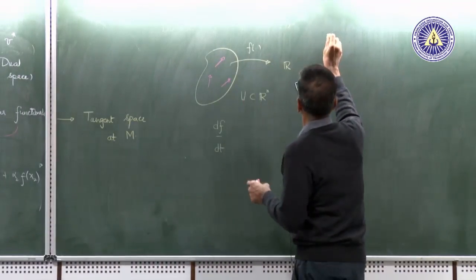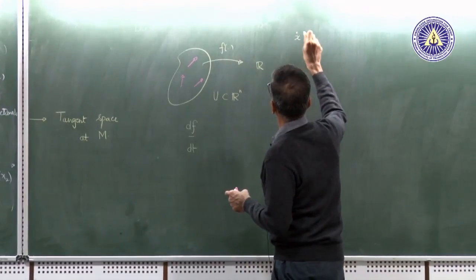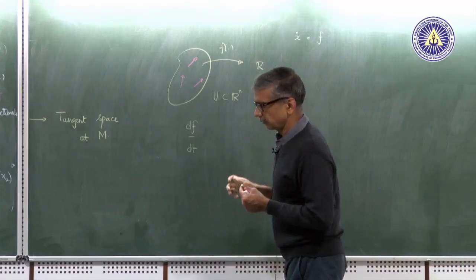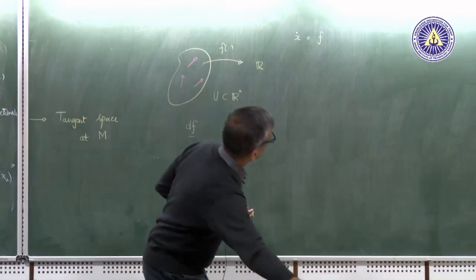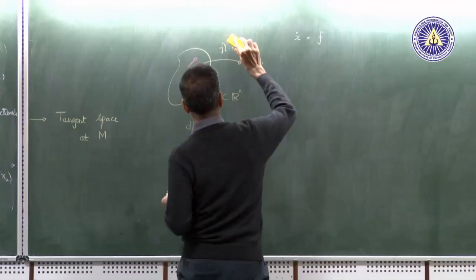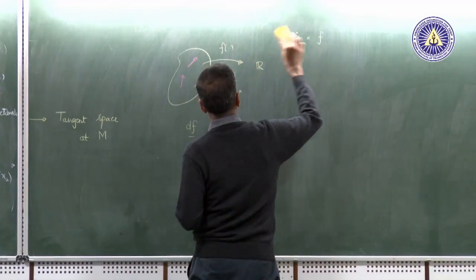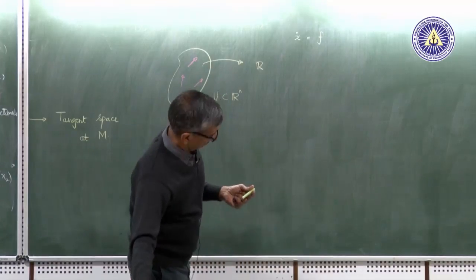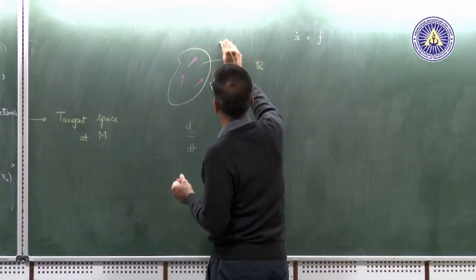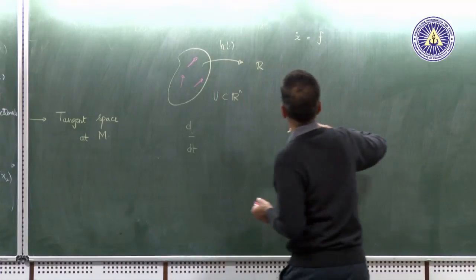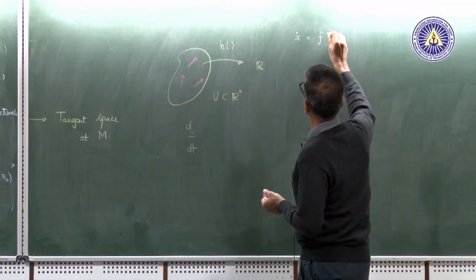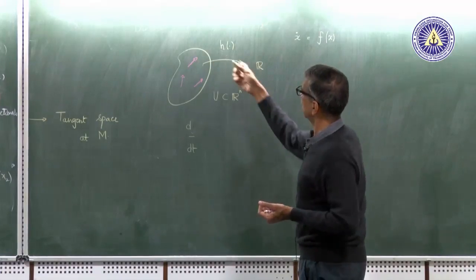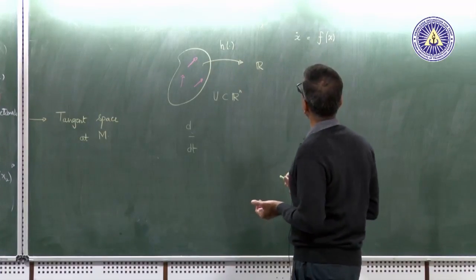So let us make a few things clear. x dot equals, okay, I should not use f for this. Let us call this function h, and this is f of x. So this is a scalar function, this is your vector field.